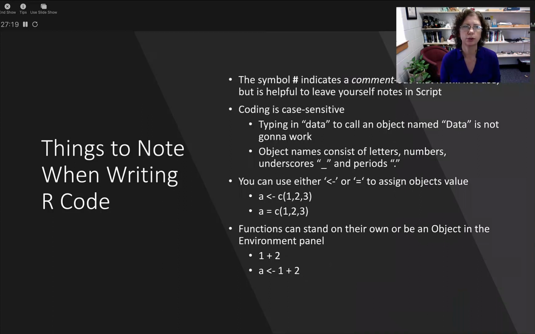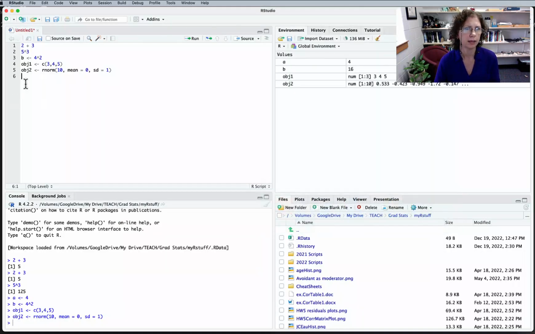Some other things you want to pay attention to when you're writing in R code. One, that the hashtag means that it's comments. R is not going to use those. So if I start with the hashtag, the pound symbol, these are codings from Lab0. R won't pay attention to that.